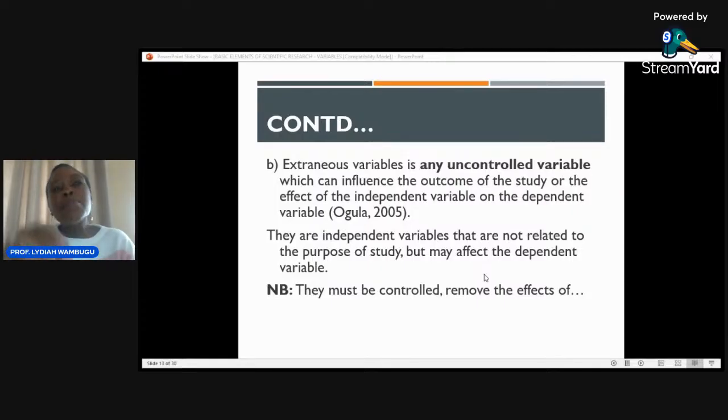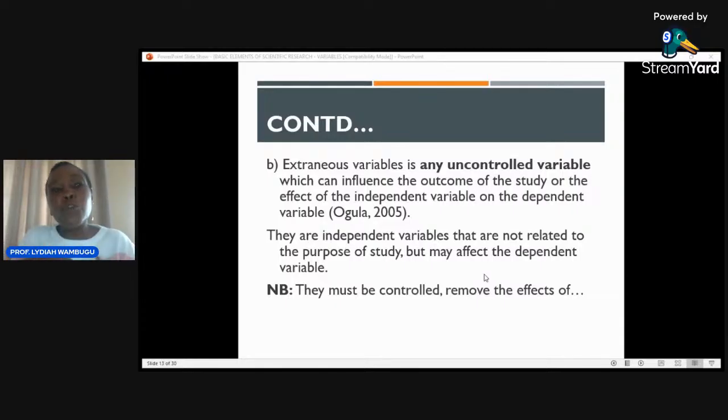I may remove the effect. It now becomes my extraneous. I will remove the effect of type of school or socioeconomic status by only studying the schools that are in the same socioeconomic setting. Therefore, I will do my study.